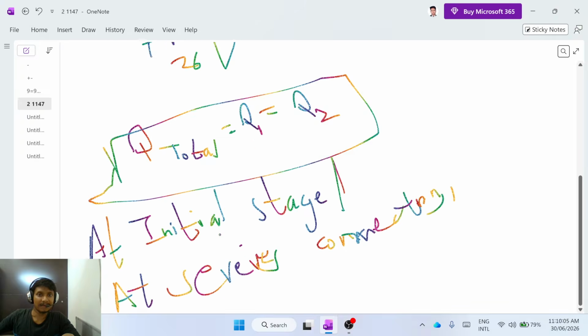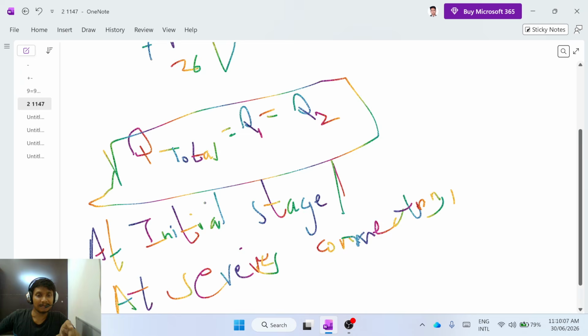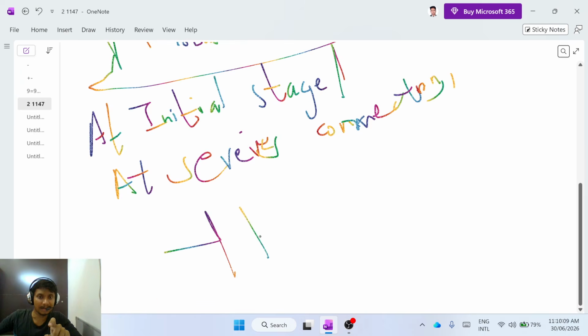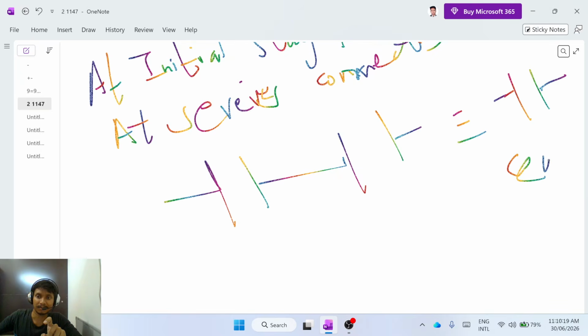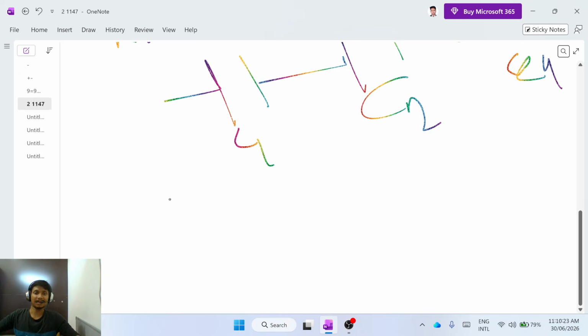Now the capacitors are connected in series, and we have to find the equivalent capacitance, C equivalent. How do we find C equivalent in series?